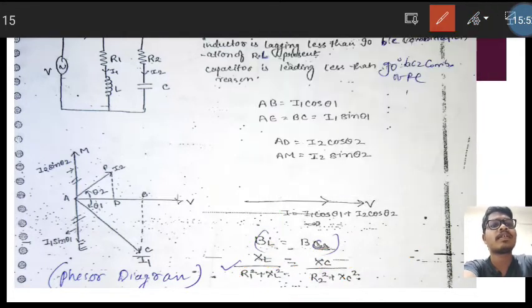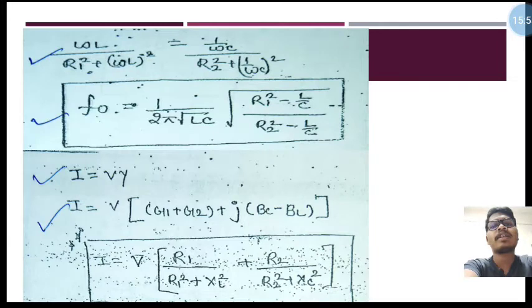Please remember that so you can easily calculate the resonance frequency. Put XL equal to omega L and XC equal to 1 divided by omega C, where omega is 2 pi f. Then taking f0 to the left-hand side, we get the resulting frequency formula: f0 equals 1 divided by 2 pi root of LC, times root of (R1 square minus L/C) divided by (R2 square minus L/C).